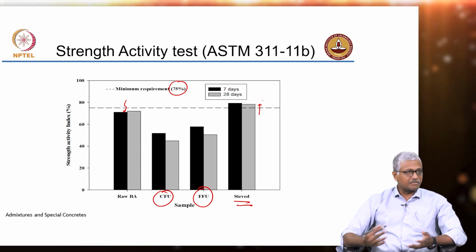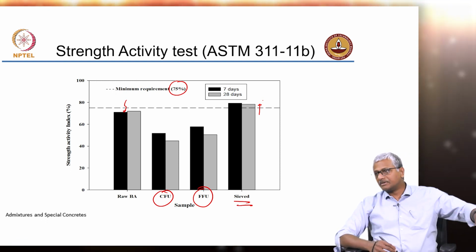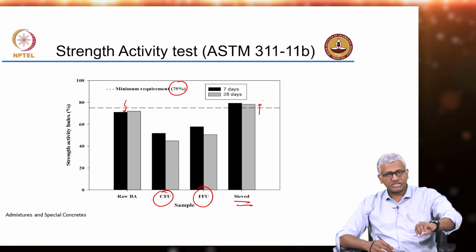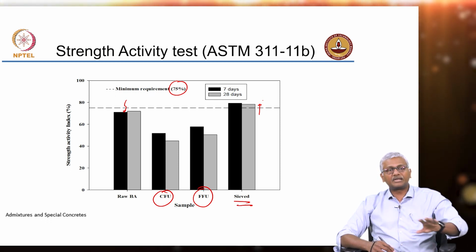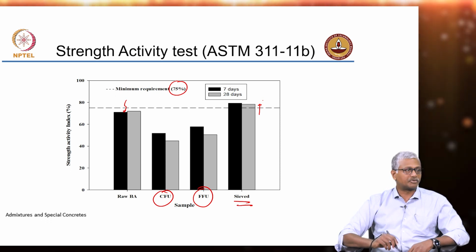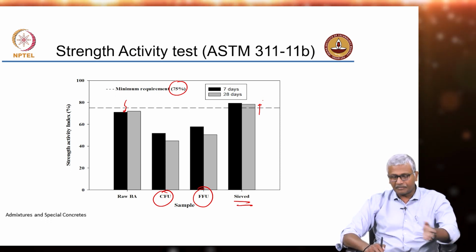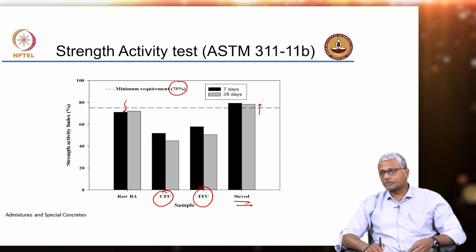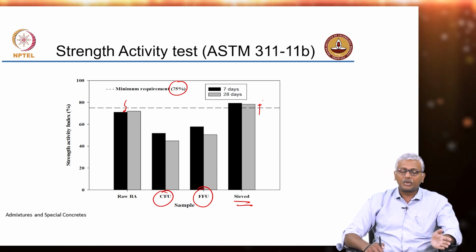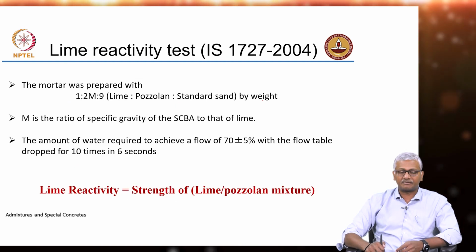That means sieved bagasse ash, where you can remove this organic material that is still remaining in the burnt bagasse ash, if you remove it, then you can get some fairly consistent performance from your system. We will come back to this to look at other approaches for processing also, but the idea here was just to show you a comparison of the results from different activity methods.